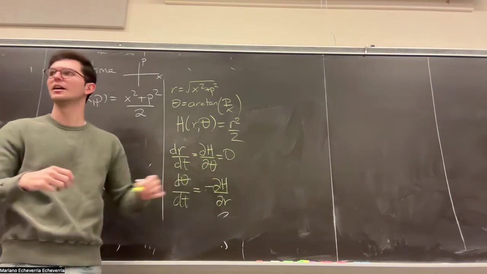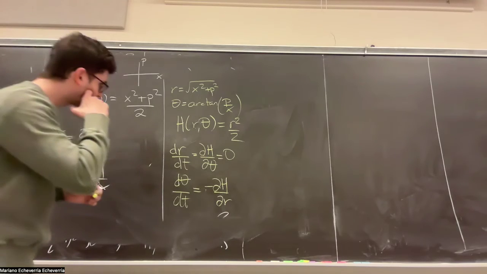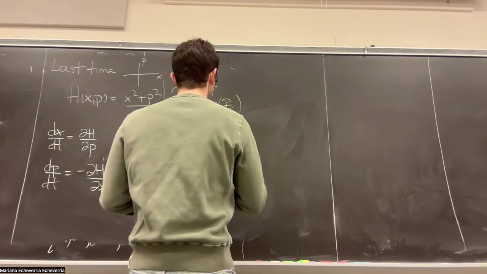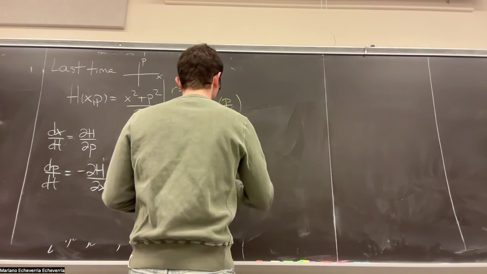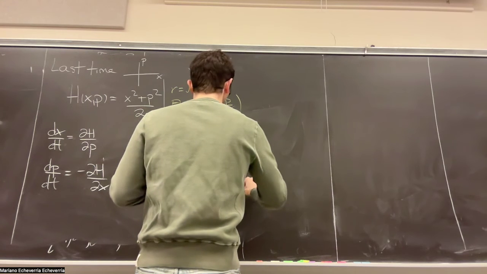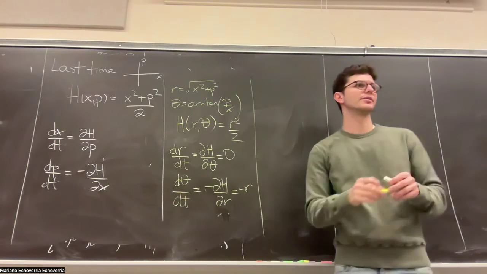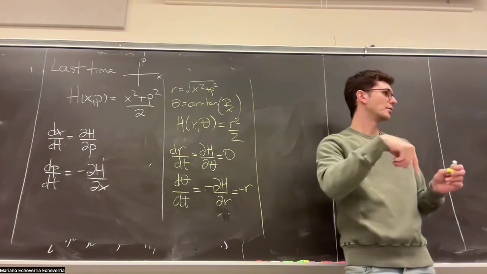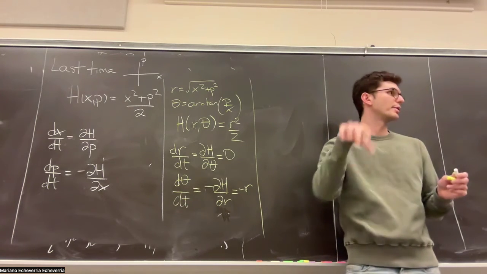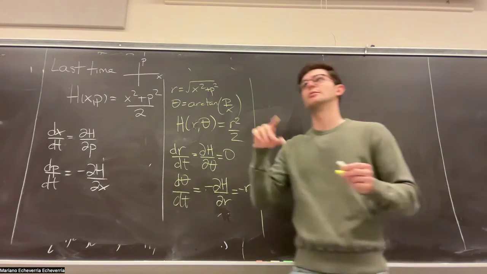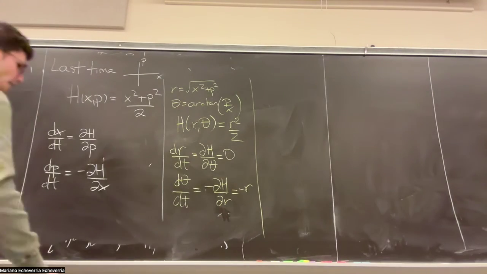But this one would have given you a negative r, and we already knew that this is incorrect, because the angular velocity, the rate of change of theta with respect to time, was actually constant. It was -1 in all cases.